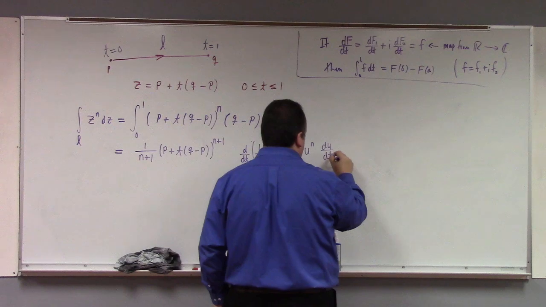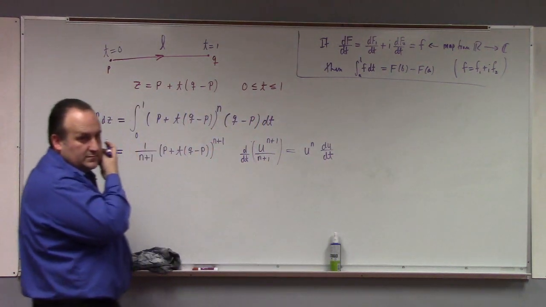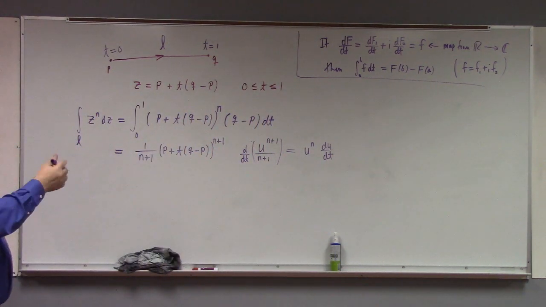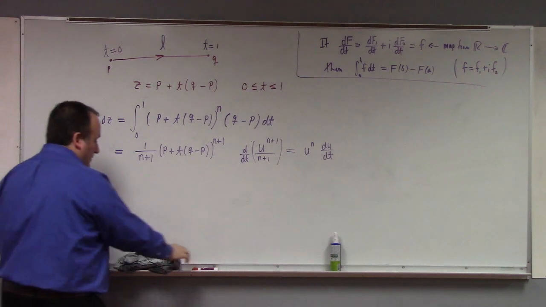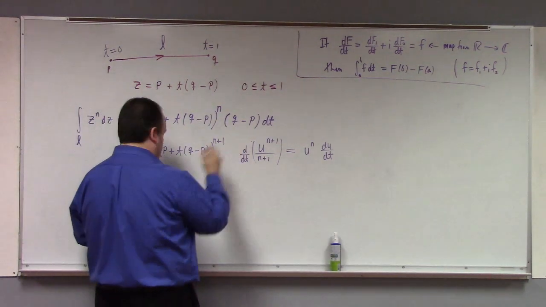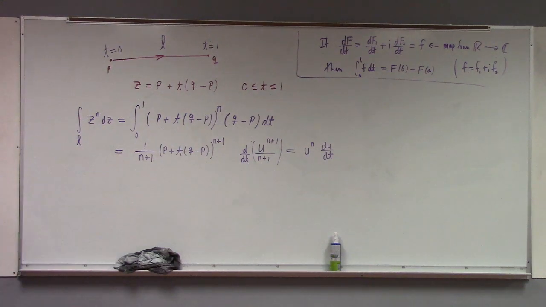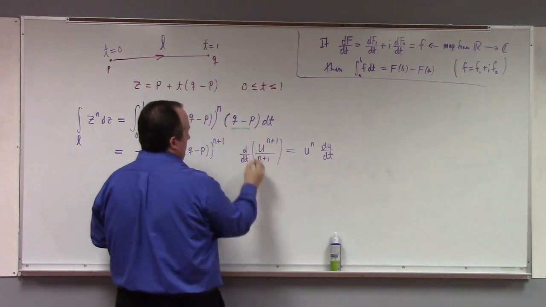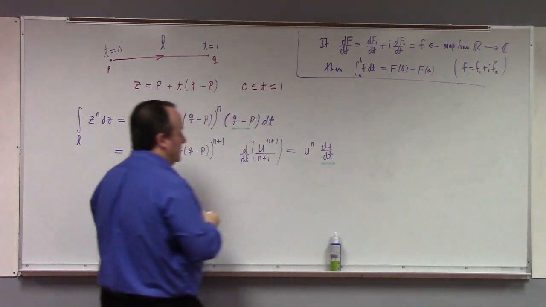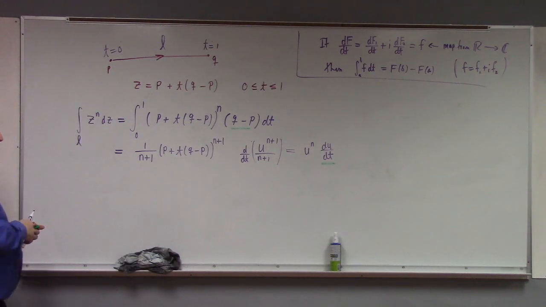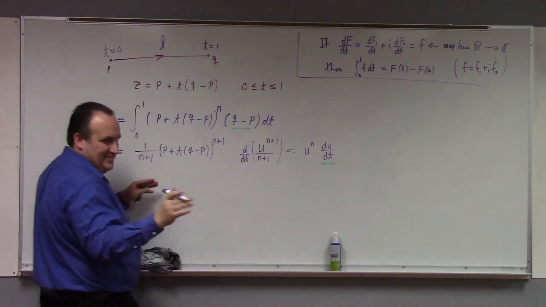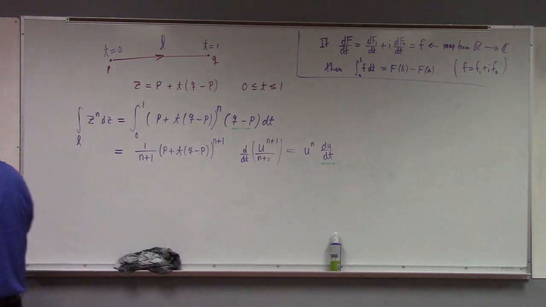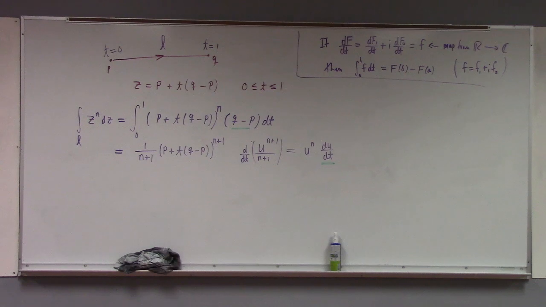That's the chain rule here, which we proved. But du/dt is this right here. See? This is that. And then, of course, I'm not done yet, but the FTC 2 says that I have to evaluate from 0 to 1.